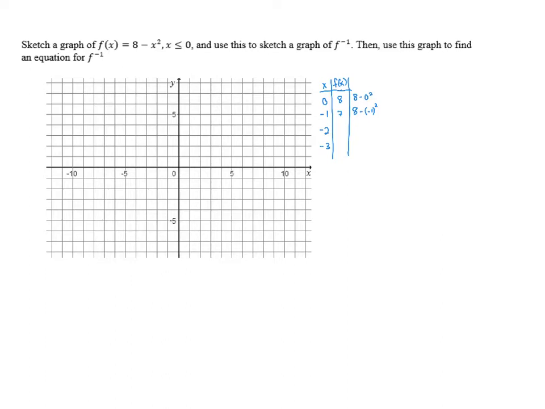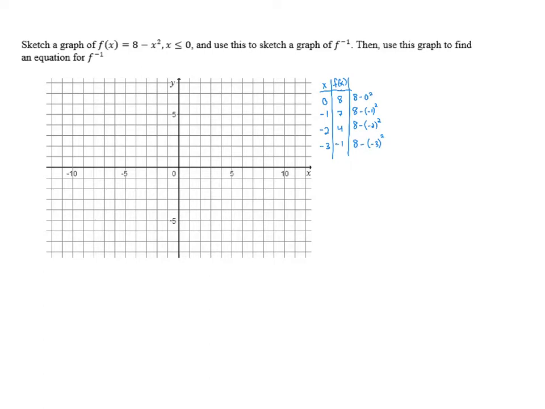Then when x is -2, we've got 8 minus -2 squared. -2 squared is 4, and 8 minus 4 is 4. And then lastly, when x is -3, this is 8 minus -3 squared. -3 squared is 9, and 8 minus 9 is -1.